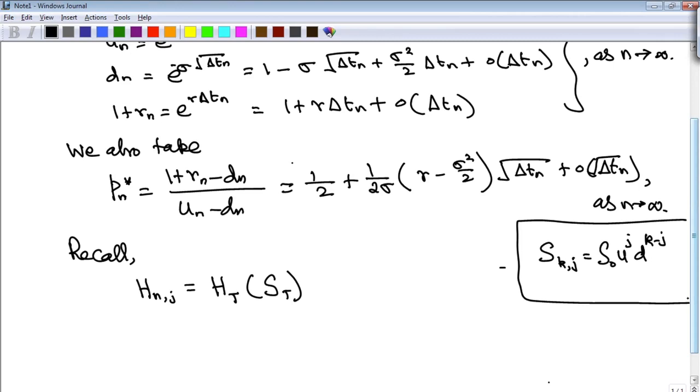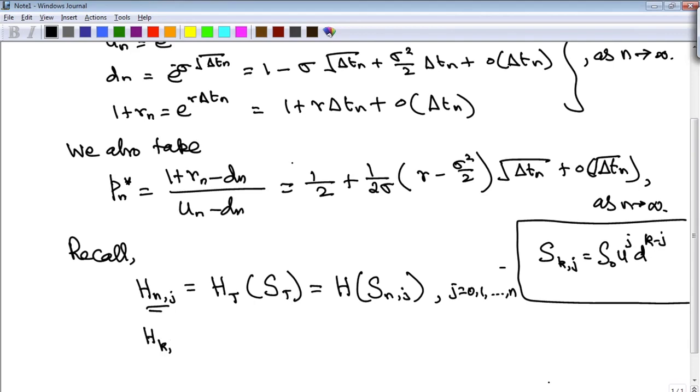So with the same notation, I can simply write h as h of s n comma j, where j is equal to 0, 1 up to n, and this is at the time level tn, that is capital T, and all the intermediate levels are taken as tk.